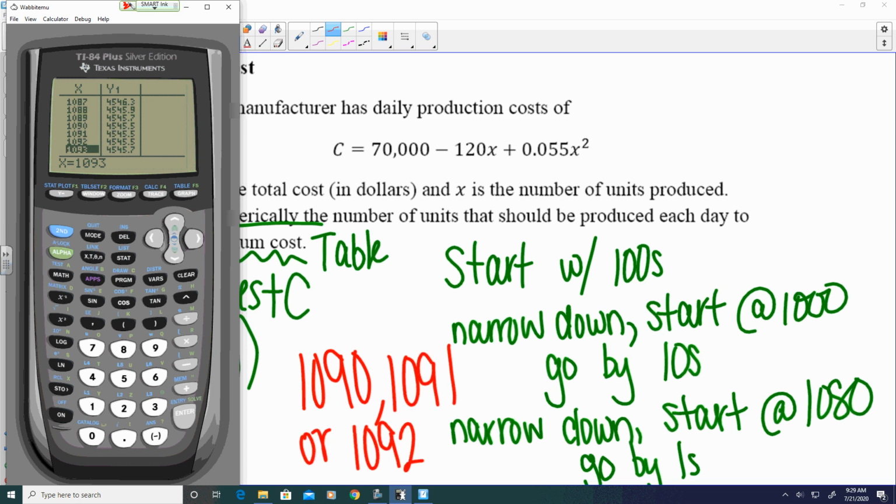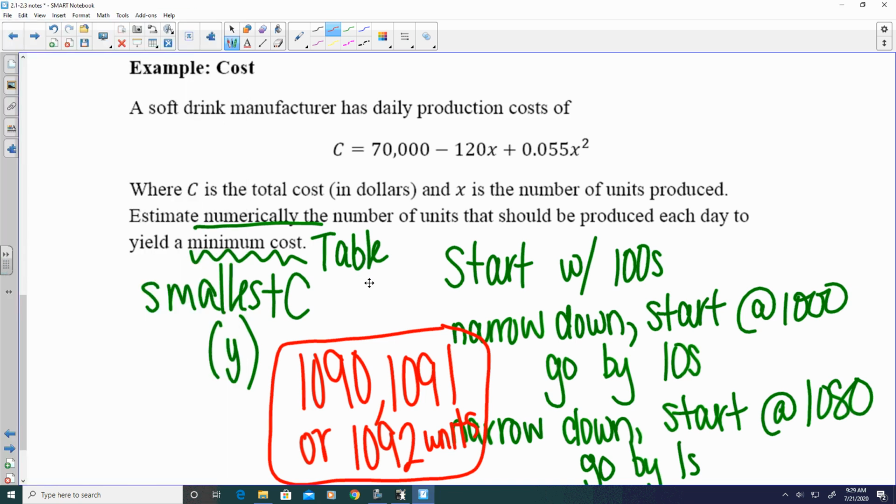That would be our answer. And that cost was 4550. I'll probably put a label here, units. There we go.